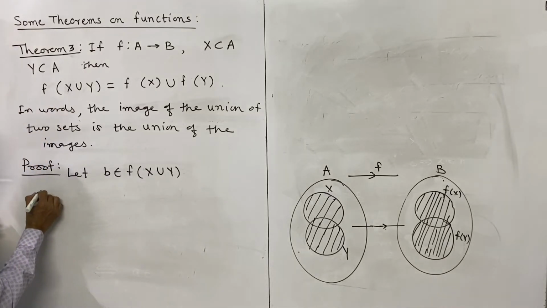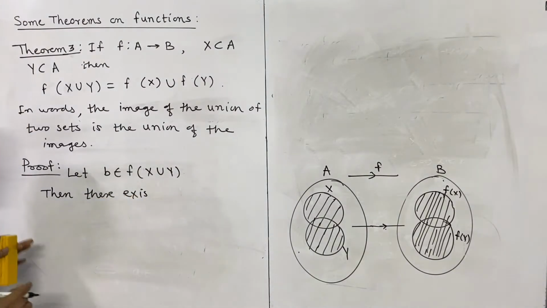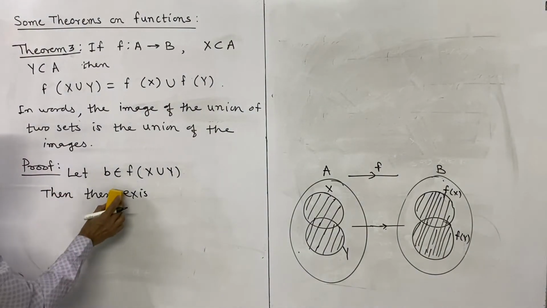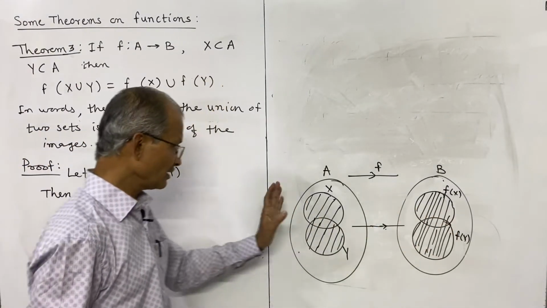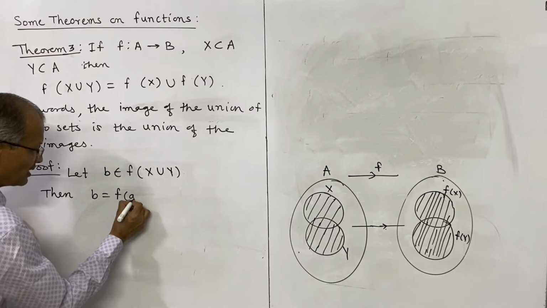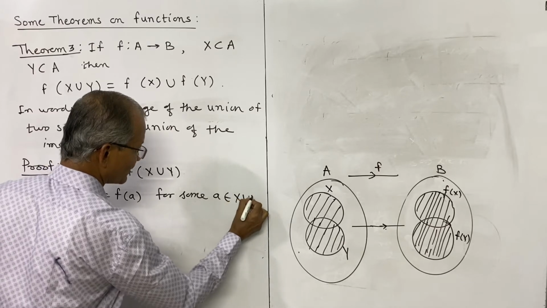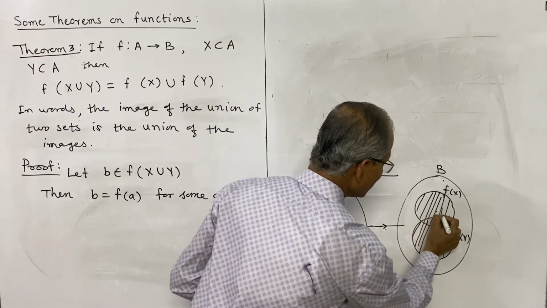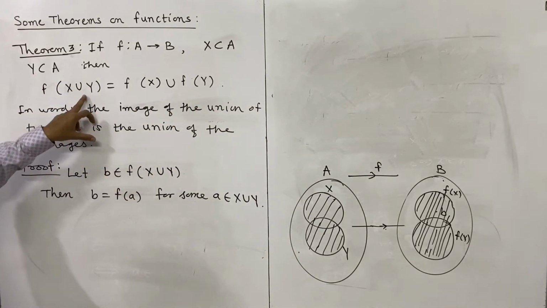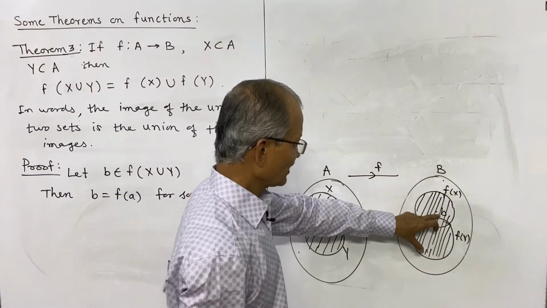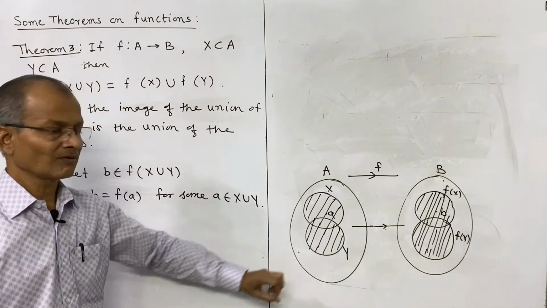Then there exists, then we can write this B is equal to f of A. If B is in the image set, then it must have a pre-image, that is A. B is equal to f of A for some A belongs to x union y. So what we have considered is B is here. B is f of x union y. So somewhere here we have considered, and therefore this B will have pre-image A, and that will be in the union of x and y.